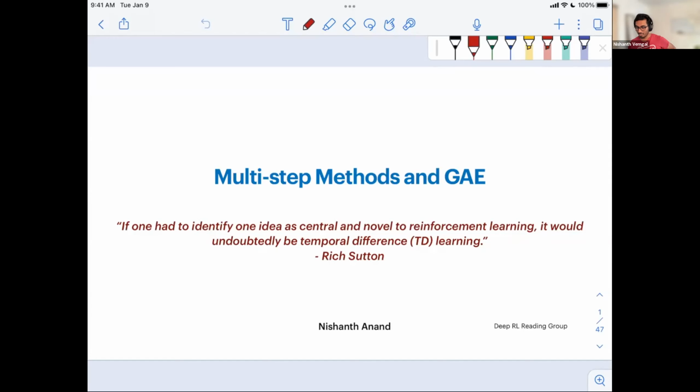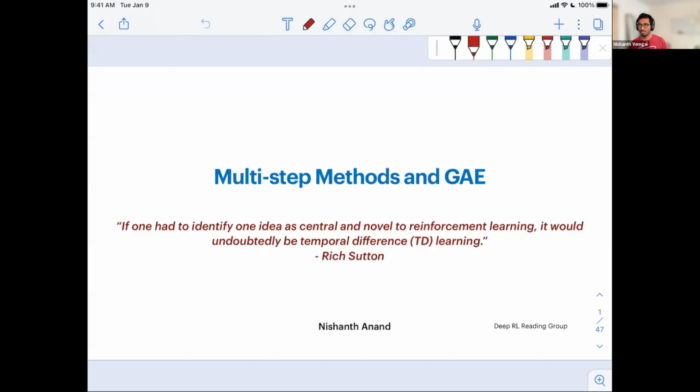The outline for this talk: I'll first talk about TD learning, how we get the TD learning update rule, and then I'll introduce n-step and lambda returns. Then I'll talk about TD lambda, which is a computationally efficient way of doing lambda returns.